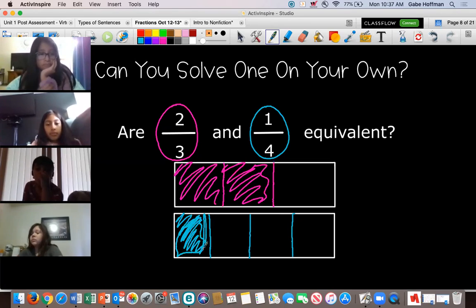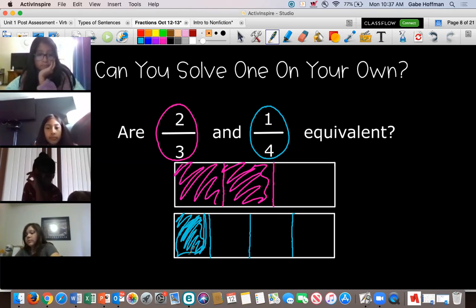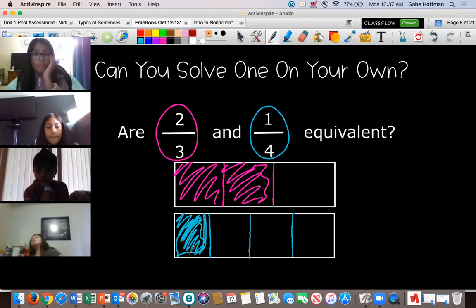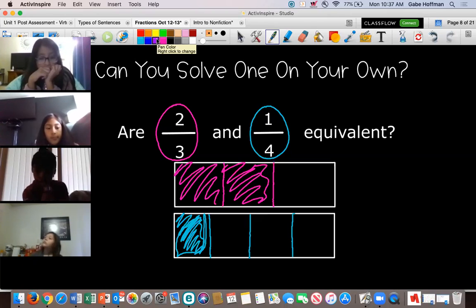Okay, Denise, are these equivalent? No, they're not. Why not? They have the same size whole, but what do we notice about the shaded part?